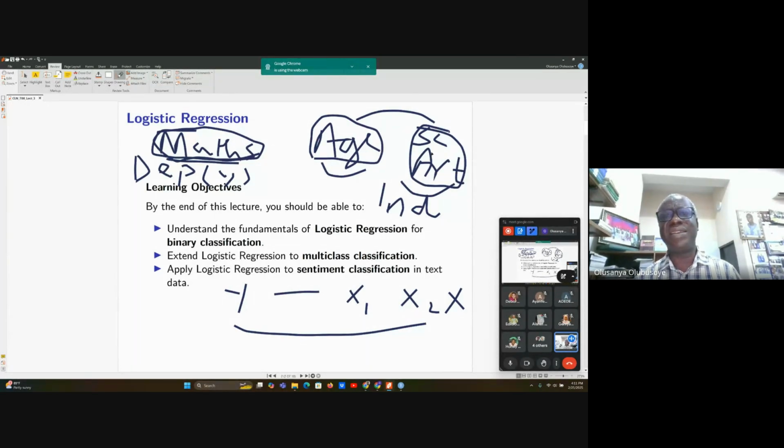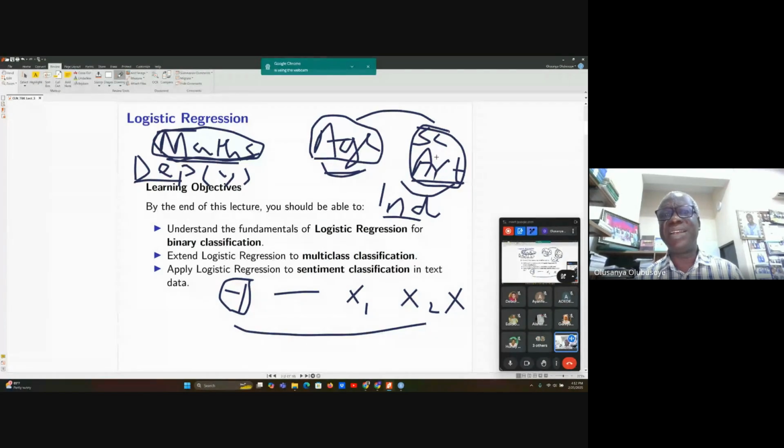So mathematics will be regarded as the dependent variable. Then age and the area of focus of the student, the two of them, will be regarded as independent variables. And the dependent variable, we usually denote it by y.